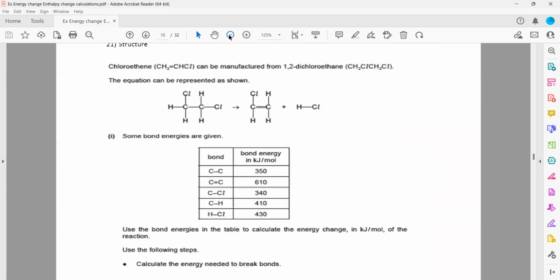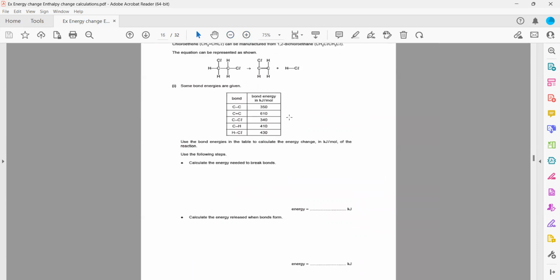So same way, for this question, we'll have bond breaking, the bonds which we are breaking, 1, 2, 3, 4. So 4 C-H bonds are there, plus 2 C-Cl bonds, carbon and chlorine bonds, plus a carbon-carbon single bond.